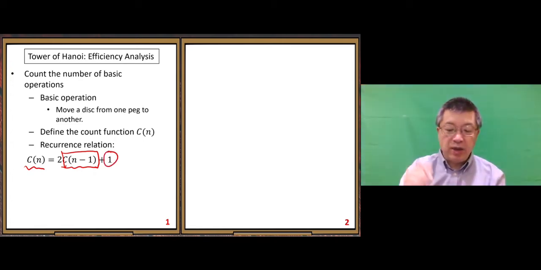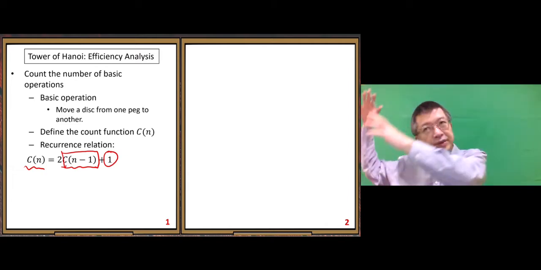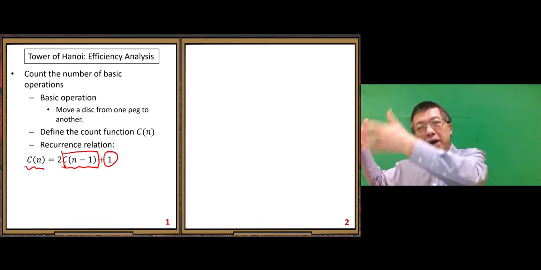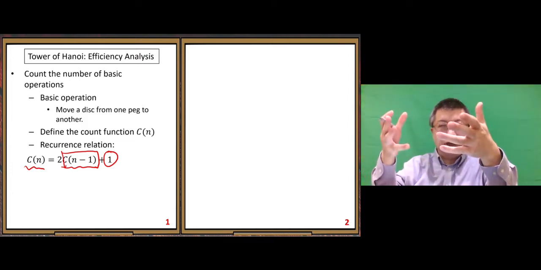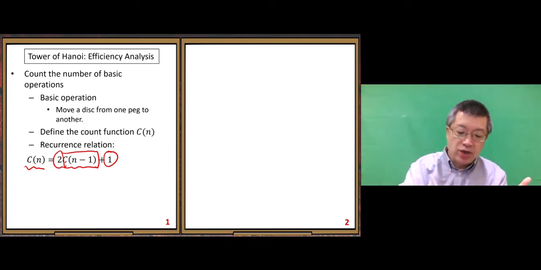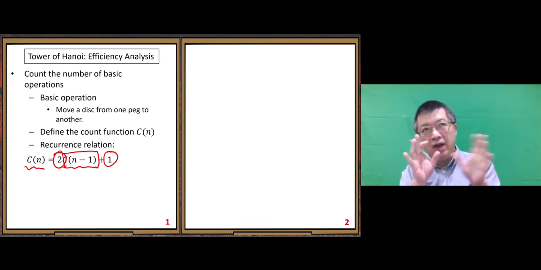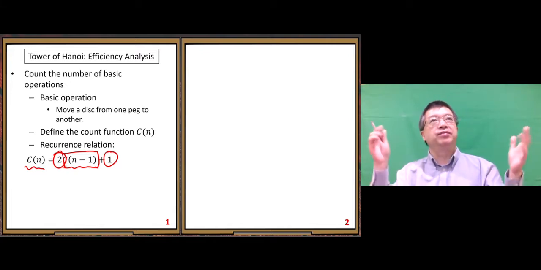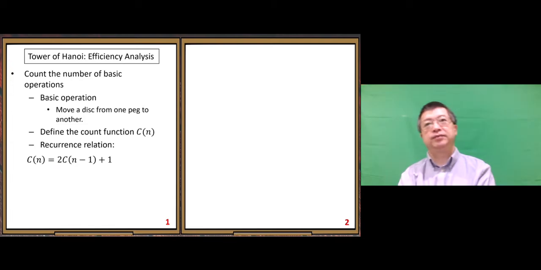So that is this plus 1 move. After that, we need to move the higher n minus 1 disks to destination peg. So we solve the size n-1 problem another time. So we spend another C of n-1. So the whole relation is like this.